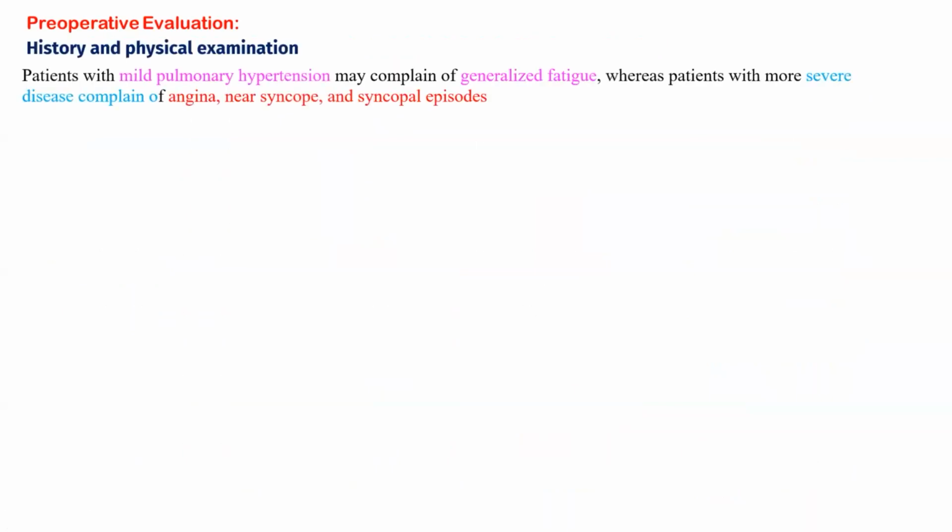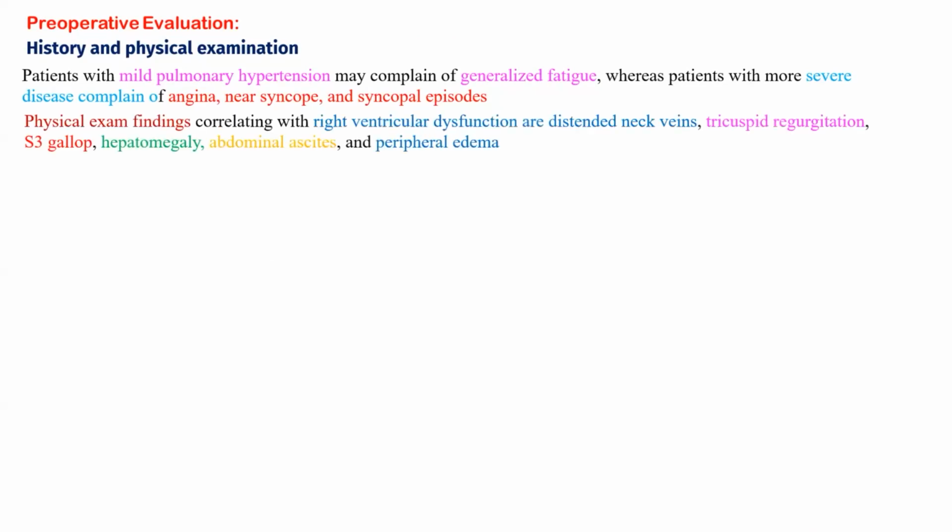Now coming to the patients, with history and physical findings, you have to do a thorough examination and find out whether they have been suffering from angina, stroke, or syncopal episodes. On physical examination, look mainly for right ventricular dysfunction: distended neck veins, tricuspid regurgitation murmur, you can hear a third heart sound gallop, and maybe hepatomegaly, abdominal ascites, and peripheral edema.